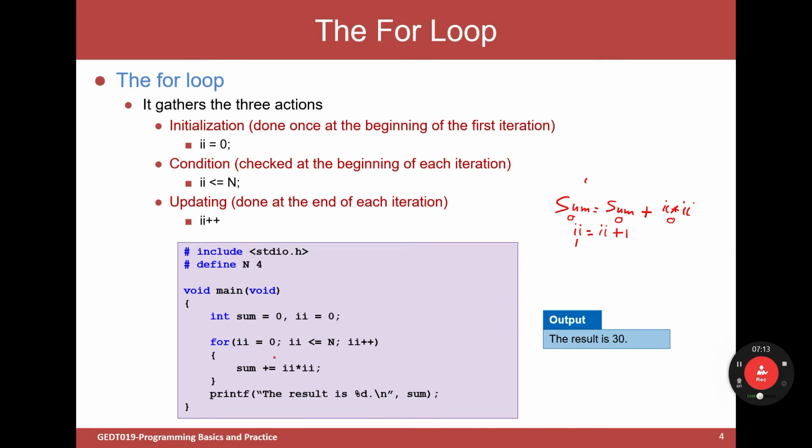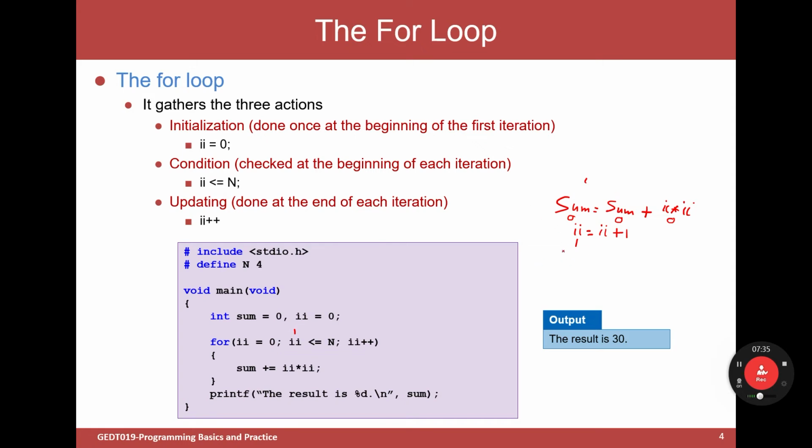Next loop, let's go to the next loop. I is equal 1, and 1 is smaller than or equal n. Yes, true, because 1 is smaller than or equal 4. So in this case, I will do the sum. Old sum is equal 0, so this is the first loop.